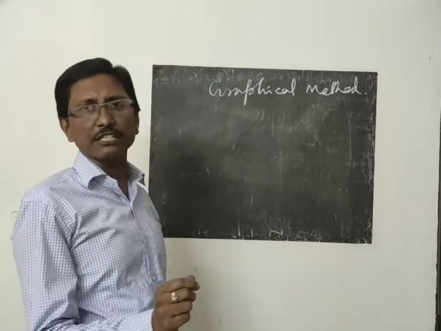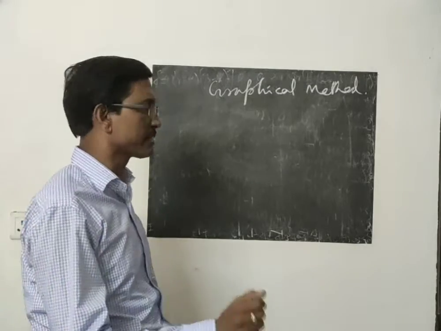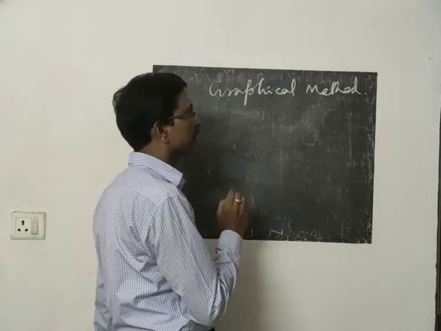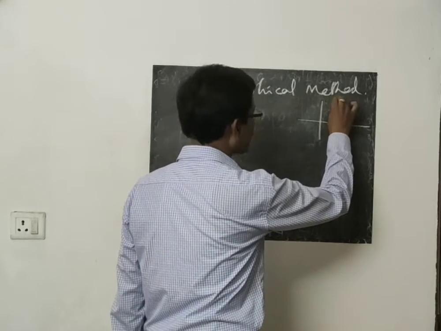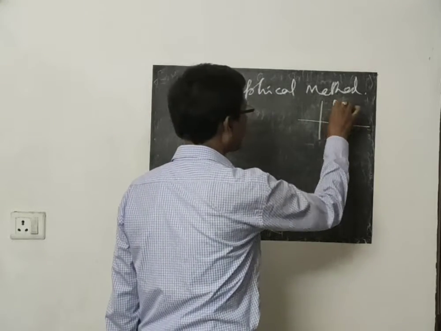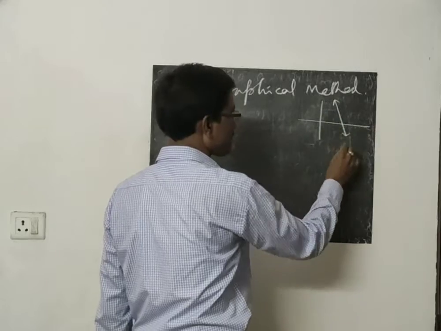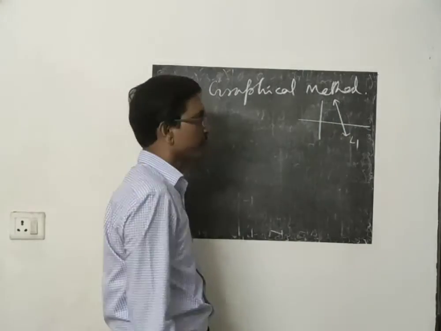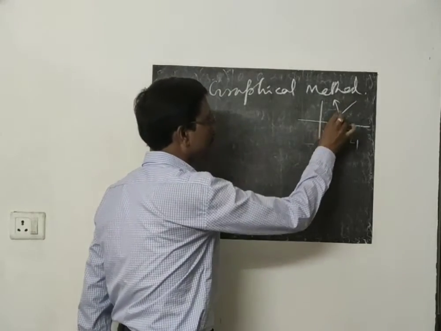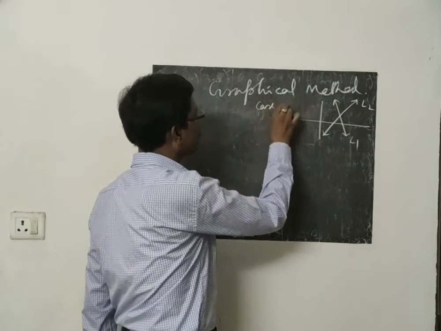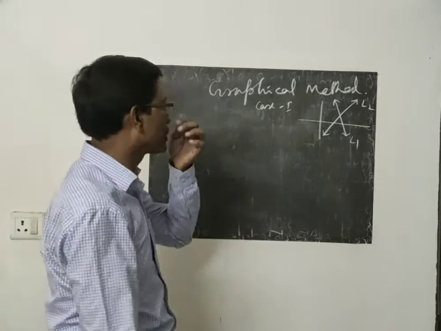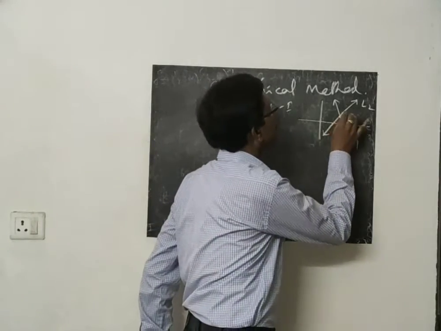If we represent them on the same graph paper, then we may get three cases. Case 1: suppose the first line is like this on the graph paper, with x-axis and y-axis. Suppose it is L1. And the second line is like this, L2. They are intersecting at one point.